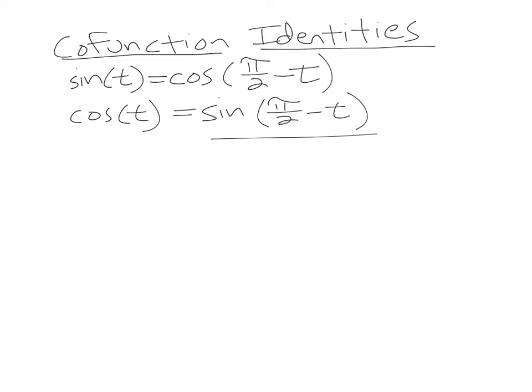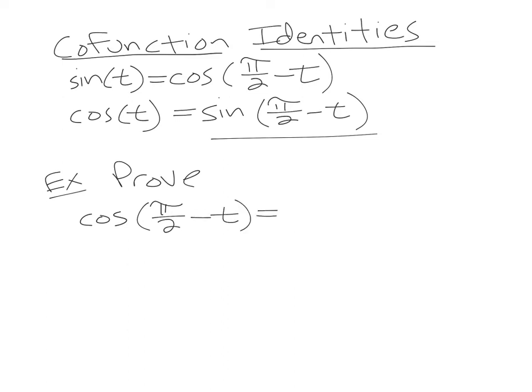But one thing we can do is just prove them. So for example, prove that, let's see, that first one, cosine of pi over 2 minus t equals sine of t. The way you're going to do that is with the subtraction identity for cosine.